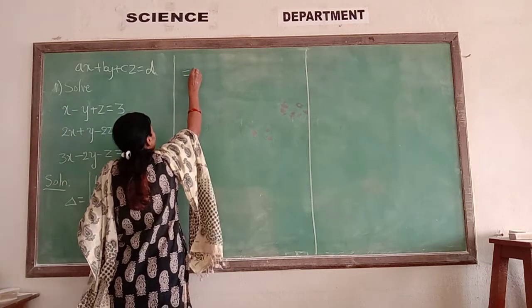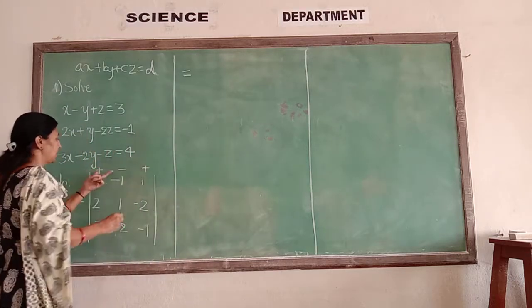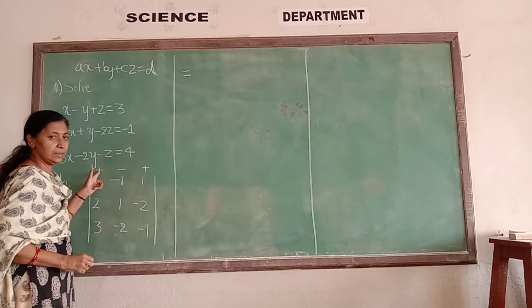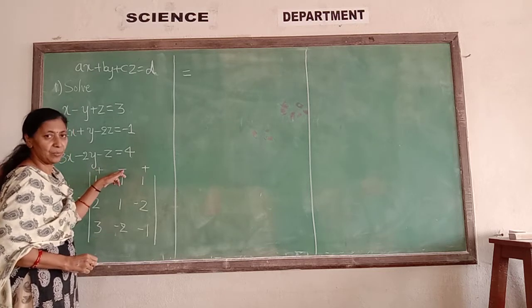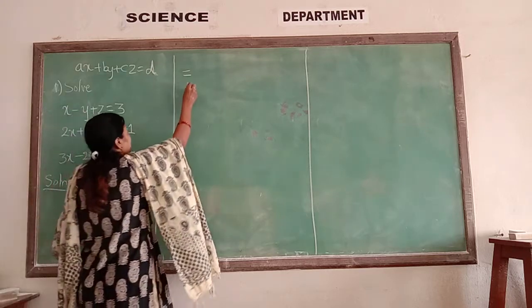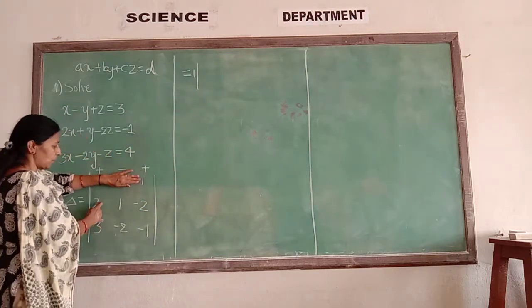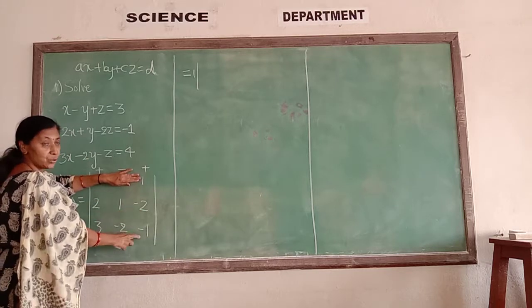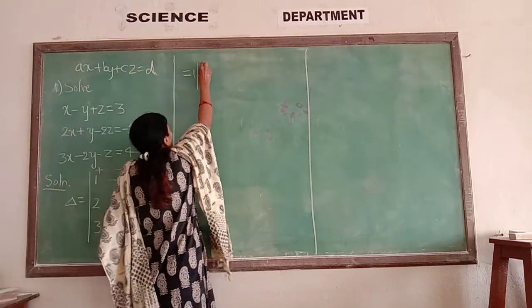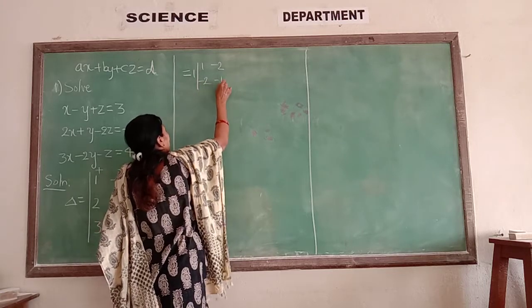That is equals to. So you have to write plus, minus, plus here. While expanding, you should use minus for the middle one in the formula. First element outside the bracket and then the determinant except this row and column. What is that? 1, minus 2, minus 2, 1, you have to write here: 1, minus 2, minus 2, minus 1.